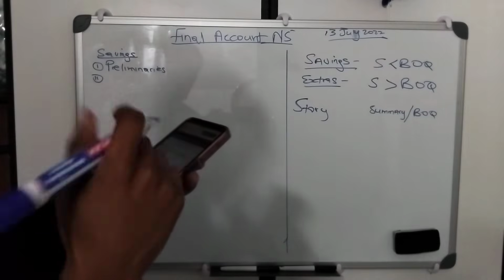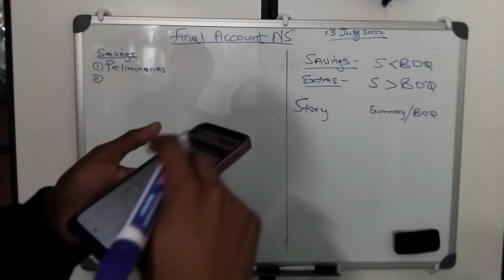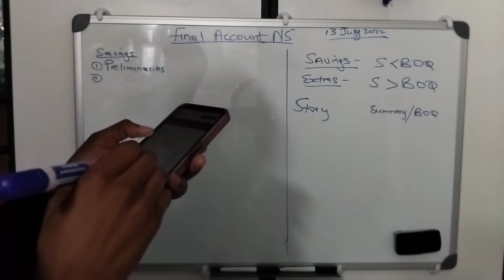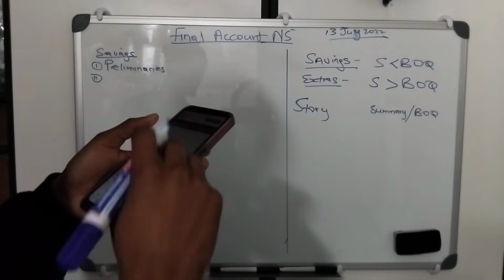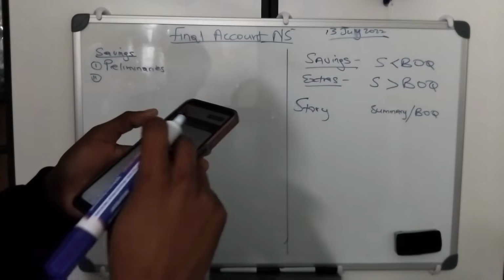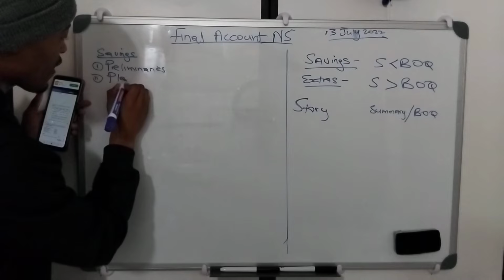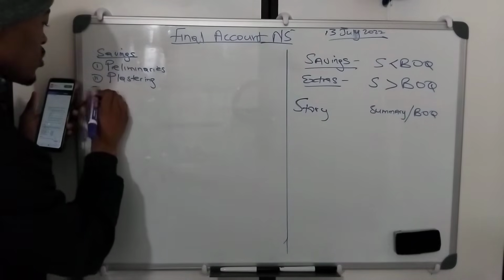On the story it's 10,512, then on the BOQ plastering it's 10,600. On the BOQ it's big and on the story it's small, so it goes under savings again. Plastering.